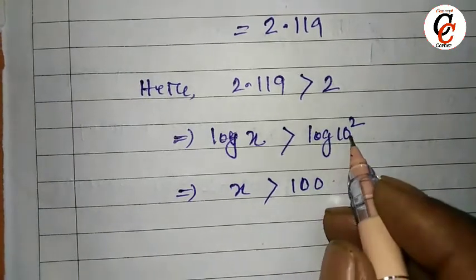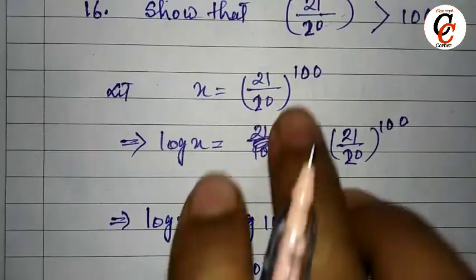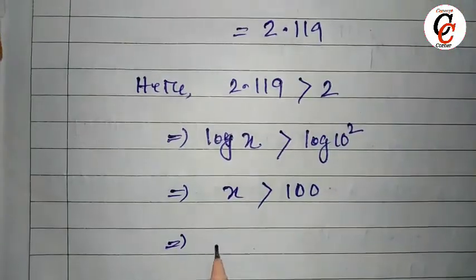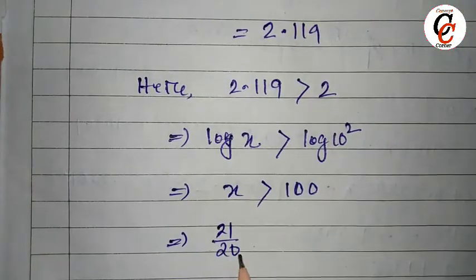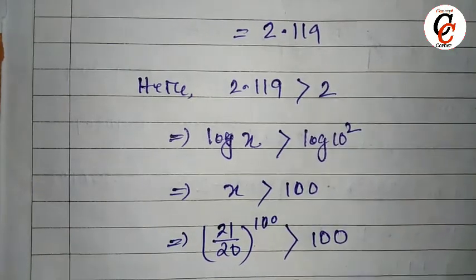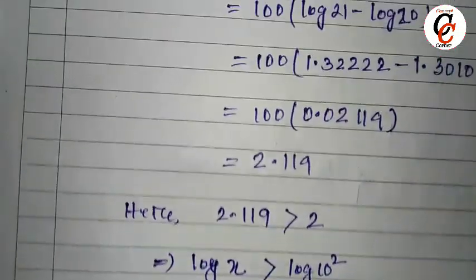So x, we have (21/20) to the power 100, is greater than 100. This is what we had to prove. Thank you.